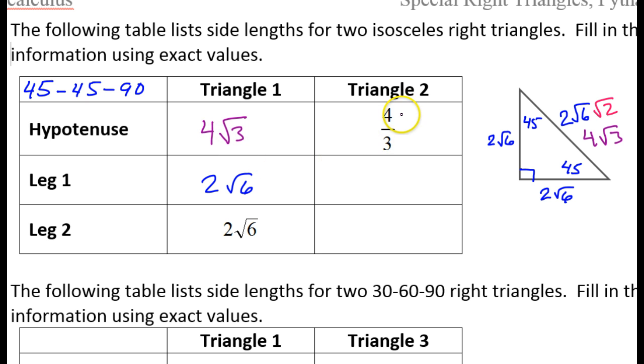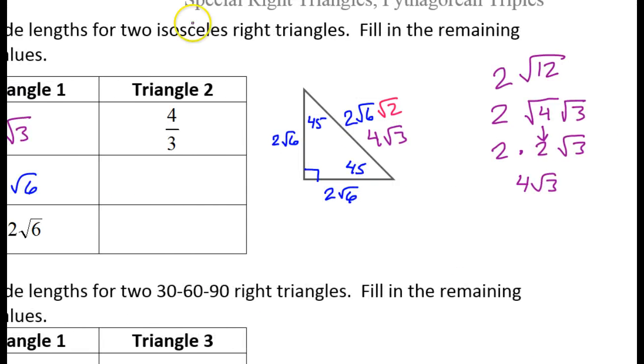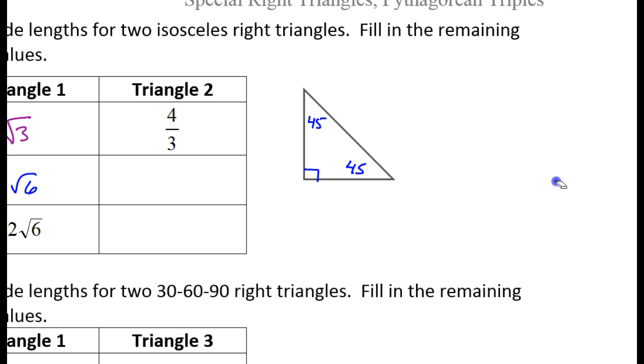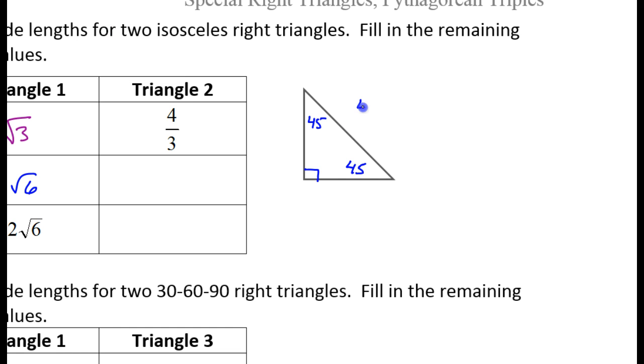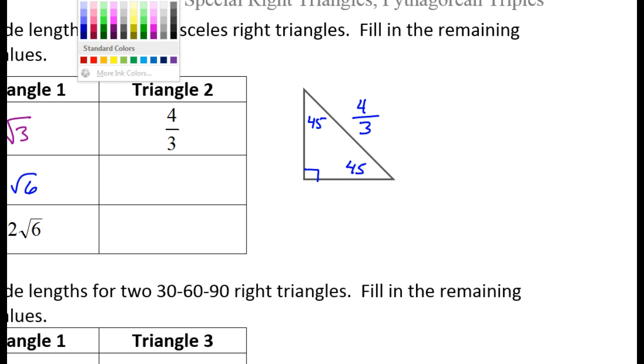Now, for the next triangle, we are given the hypotenuse is 4/3. So what do I do with that? First of all, let me clean this up. Okay, great. So the hypotenuse is going to be 4/3. So here's how the pattern goes.